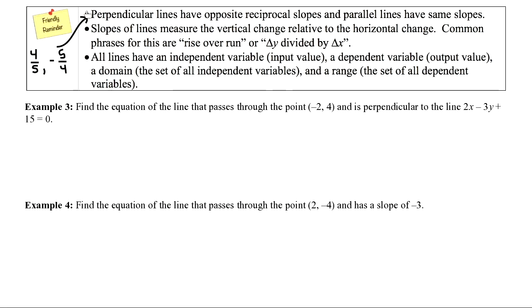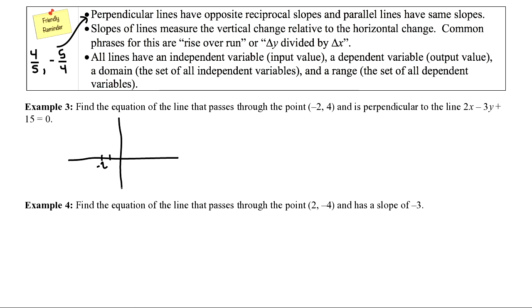All right, so let's look at examples 3 and 4 here. Example 3 says, find the equation of the line that passes through the point -2, 4. So again, if we draw this out right here, -2, 4 might be somewhere over here.